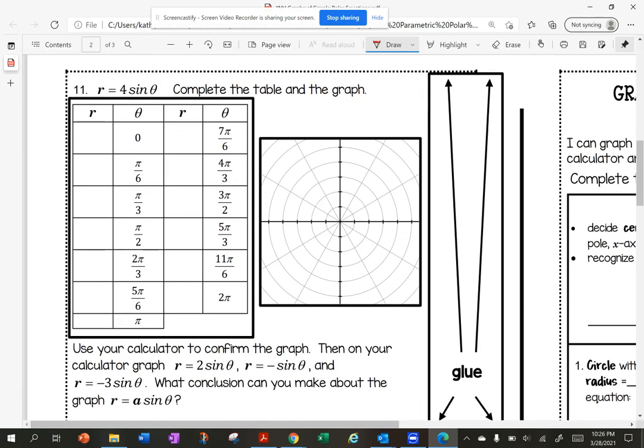Okay, I'm going to do the same thing. Again, I'm going to mark my angles here.